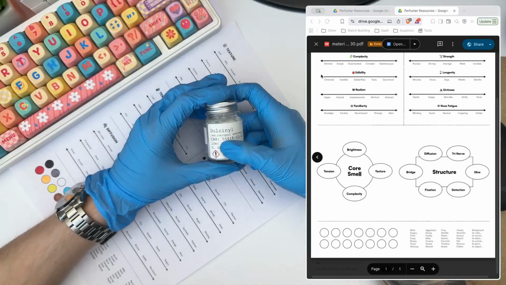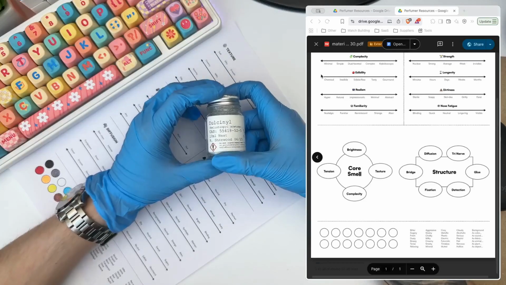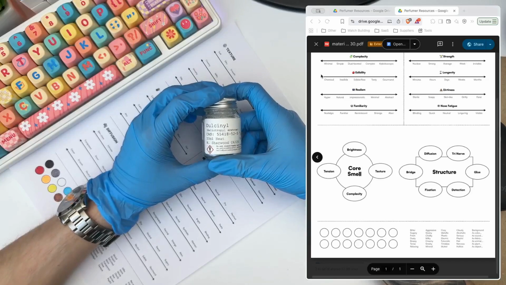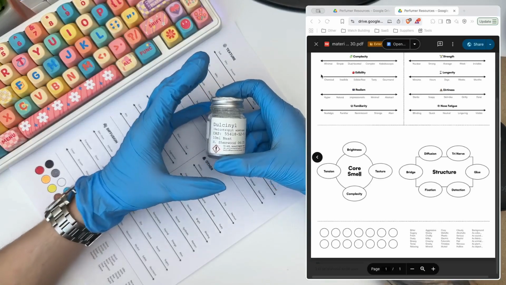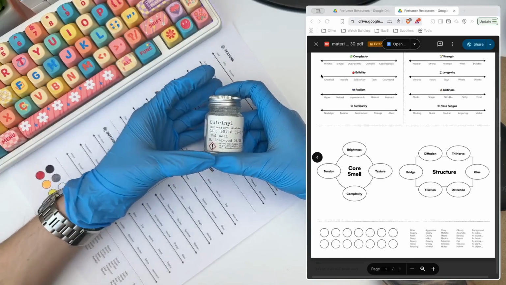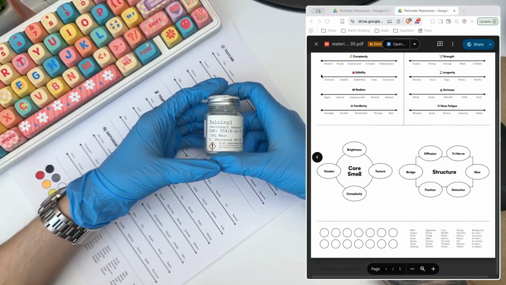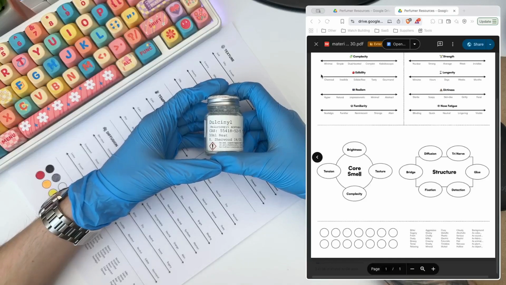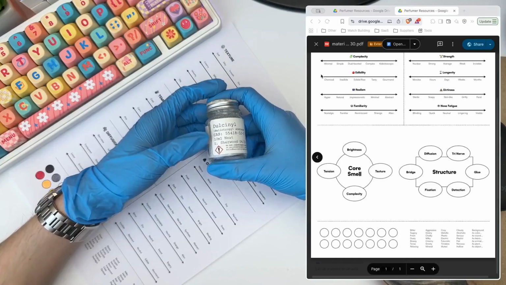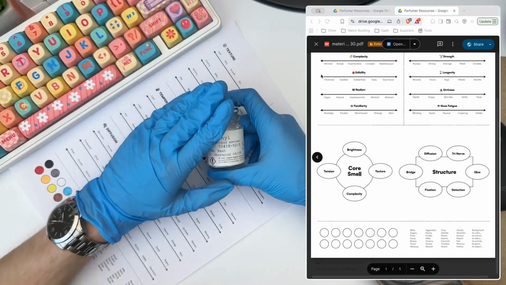Something that can help with this is reading the descriptions of other perfumers who have smelled this material. It wouldn't just unlock your ability to describe this material yourself, but it may also introduce new facets of this material to you that you did not notice. For example, somebody talks about metallic smell and you did not realize that this material has this, but now you start to pick it up. This can have an opposite effect as well.